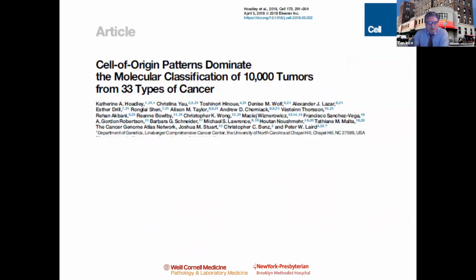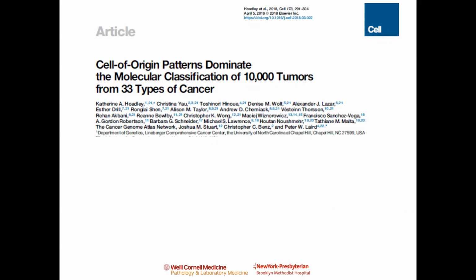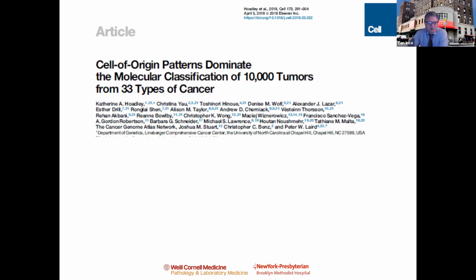And after almost 30 years of focus on genes, this paper came out a couple of years ago in 2018, where the authors examined 10,000 tumors. This is a massive study in 33 types of cancer. And the title says it all: Cell of origin patterns dominate the molecular classification of 10,000 tumors. This was independent of genetics.